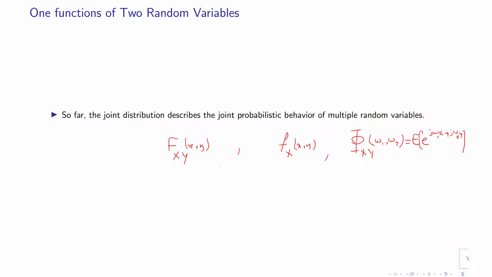Or if you have a series of all moments, the mean of x to the power of n and y to the power of m, let's say I denote this moment by mu of n and m. If you have this function for all m and n, then you also have the distribution, because this could be the Taylor series expansion of the moment generating function.